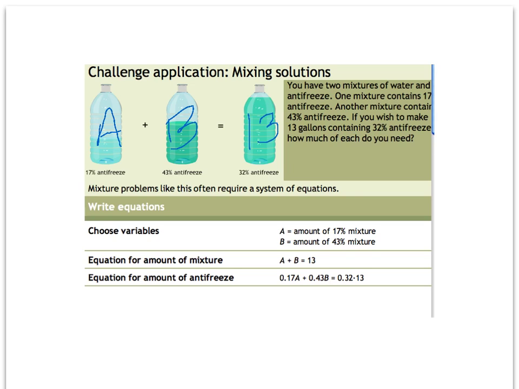So our second equation tells us that no matter how much quantity-wise we have of our 17% solution, we can multiply it by the quantity times the 17, and we'll get that answer.